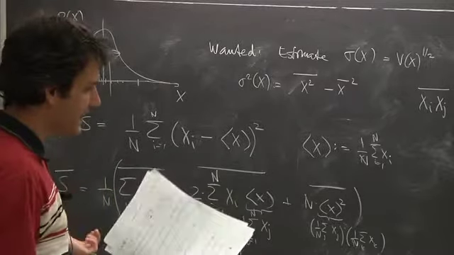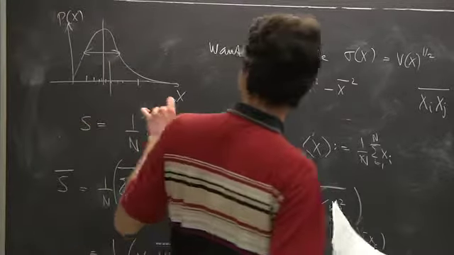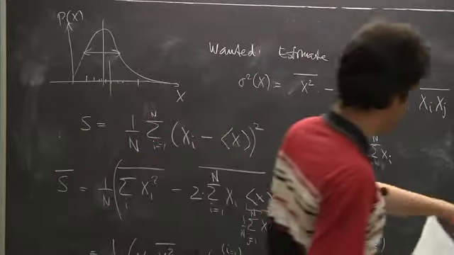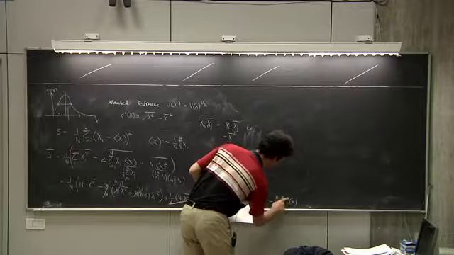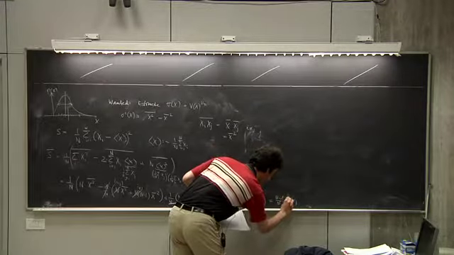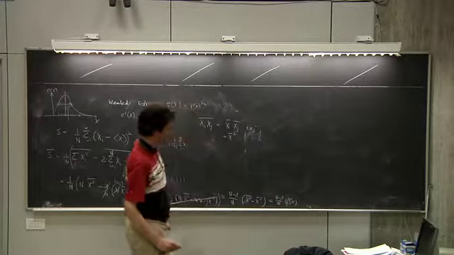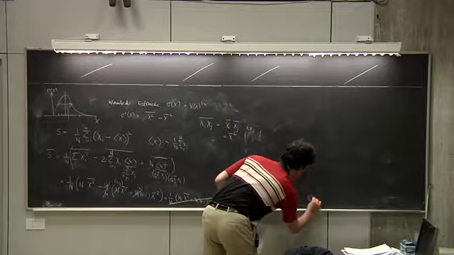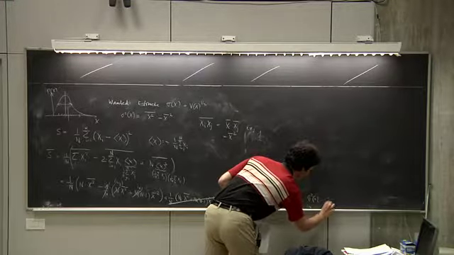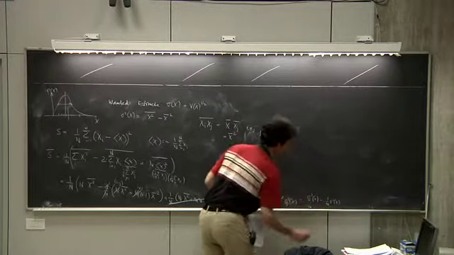So what will we get on average? We see that we don't quite get sigma squared, but almost. So we get sigma squared of x minus 1 over n sigma squared of x.